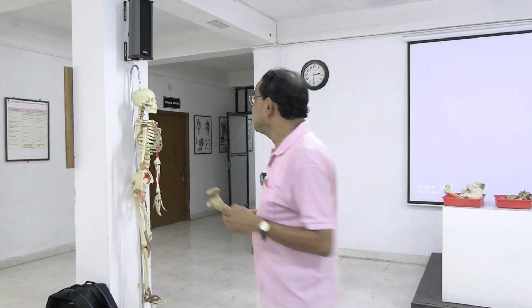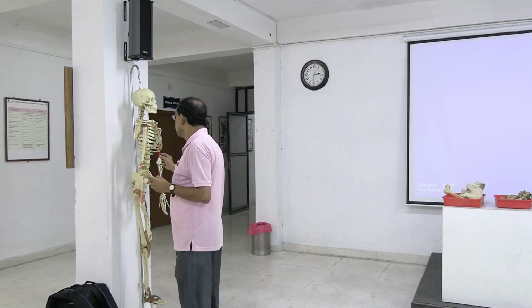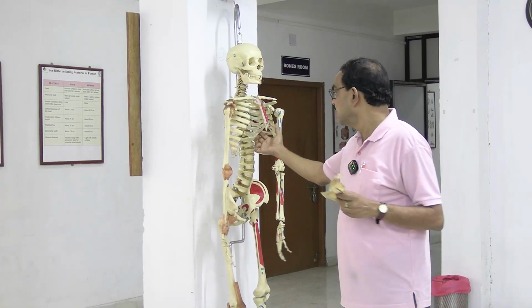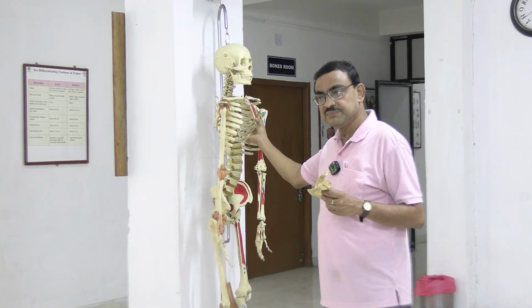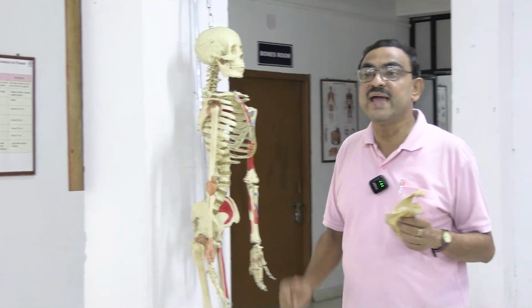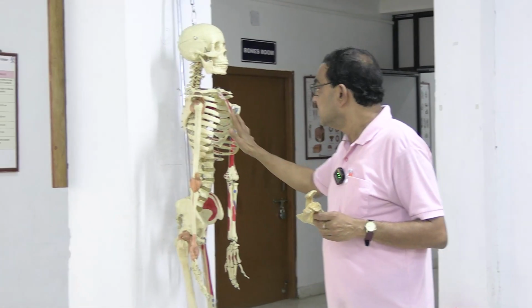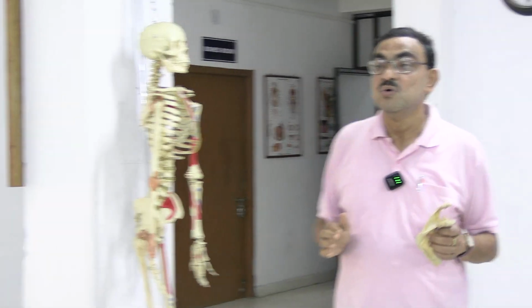Whatever might be the type of the bone, suppose this is a flat bone, rib, sternum, flat bone. What do we get? There are two tables.